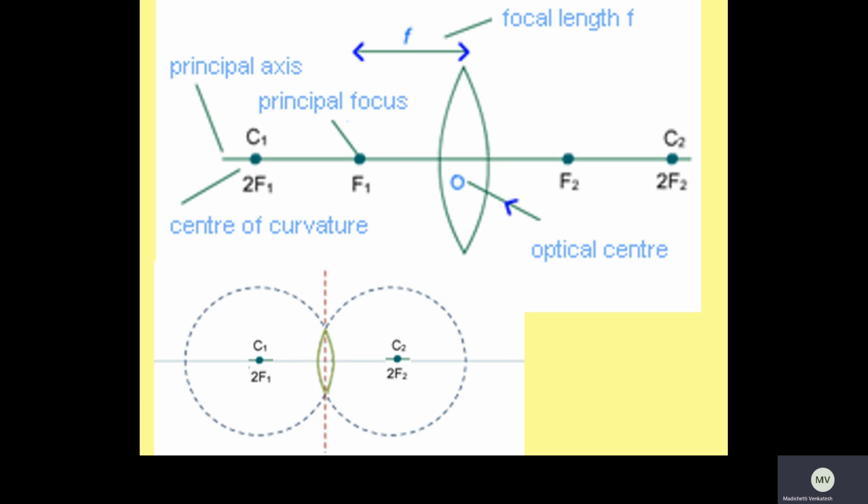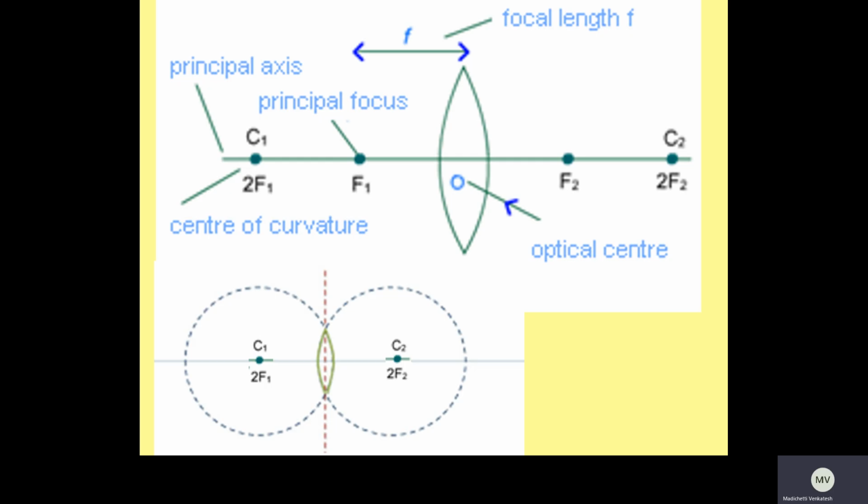Here you see the diagram below, the convex lens is in green shade, and C1 is on the left and C2 is on the right, where the dots are given as two circles, as two spheres. Because if we extend these two green lines, making a curve, we get two spheres, because this lens is a part of the whole sphere.